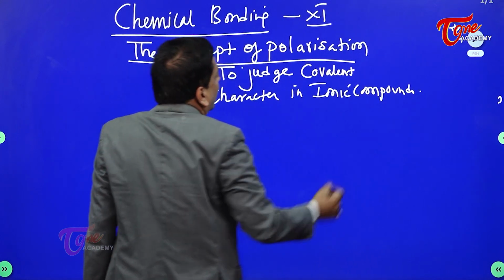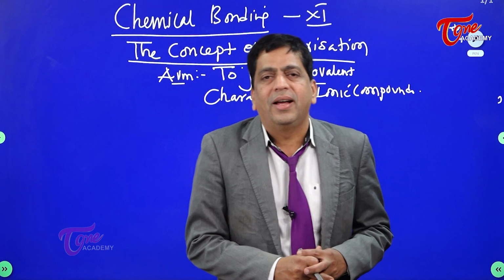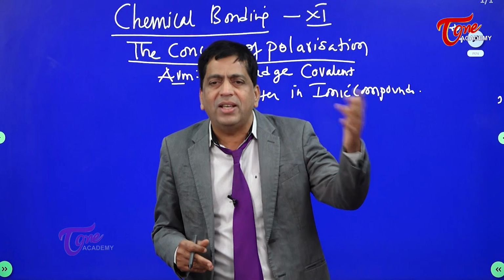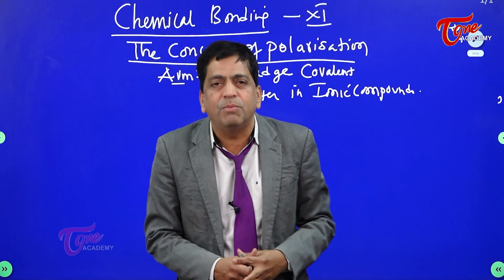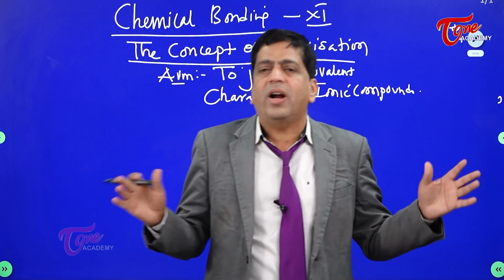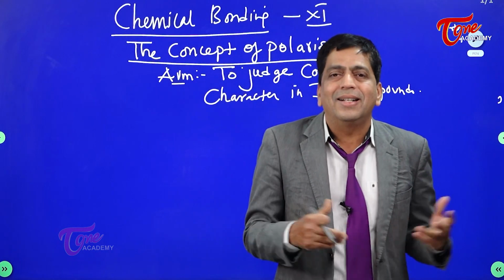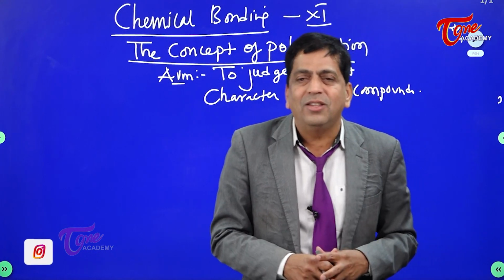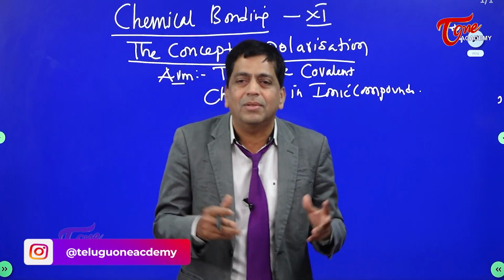So no confusion, please. We are dealing with ionic bond, and we are trying to explain why some compounds, in spite of being ionic, show deviation from the properties of ionic compounds. We need an explanation. When you are with ionic bond, you have an electrostatic force between the ions, and the primary particles present in ionic compounds are ions.